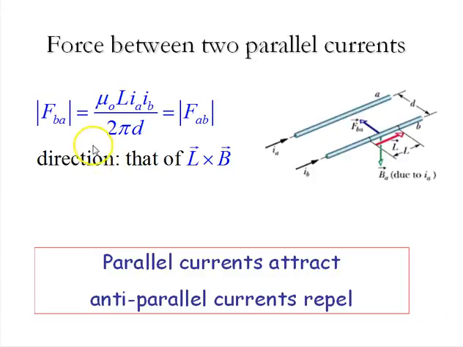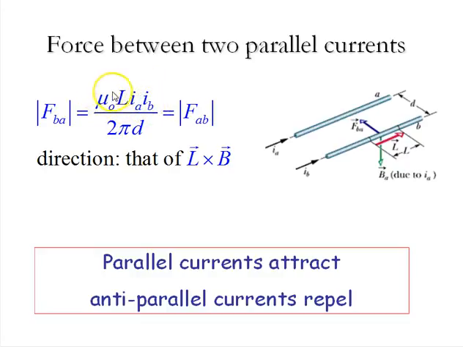So in general, the magnitude of the magnetic force, F_BA, will be equal to F_AB. It'll be proportional to the length of the wire, so we could find force per unit length. It'll be inversely proportional to the distance between the two wires, and proportional to the product of the two currents.